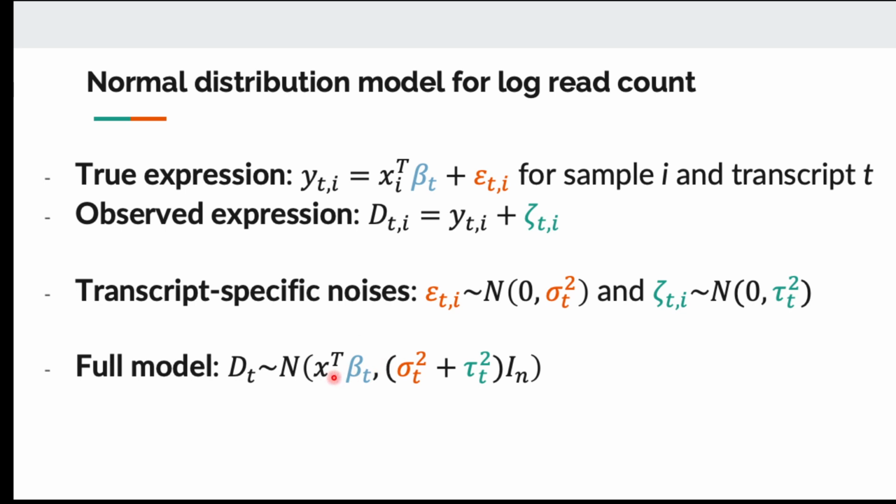X would be the experimental design, the treatment, control, the confounding factor. Beta would be the effect size. This will determine the average of your expression. But the variance is going to be the normally distributed biological variance, which is unknown and has to be estimated by the model, and the technical variance, which is also normally distributed but is known from the bootstrapping.